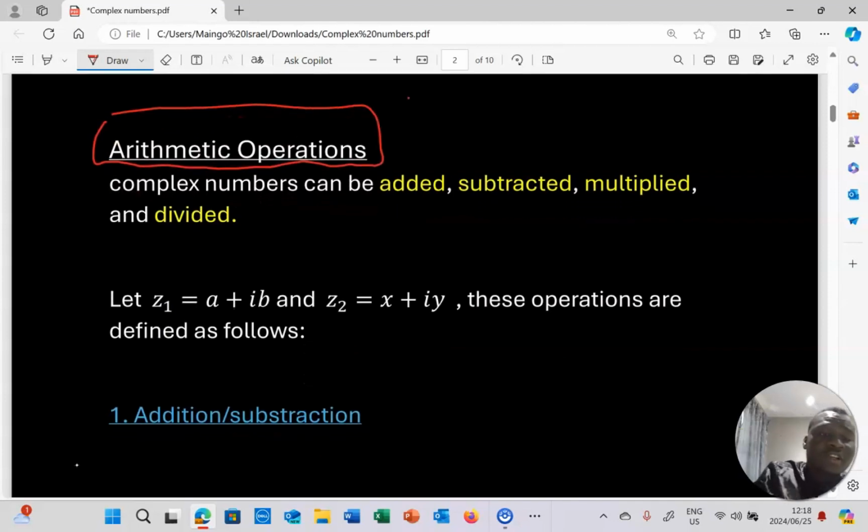If we let z1 be a first complex number with real part a plus imaginary part ib, and z2 equals x plus iy, then the operations can be defined as follows.